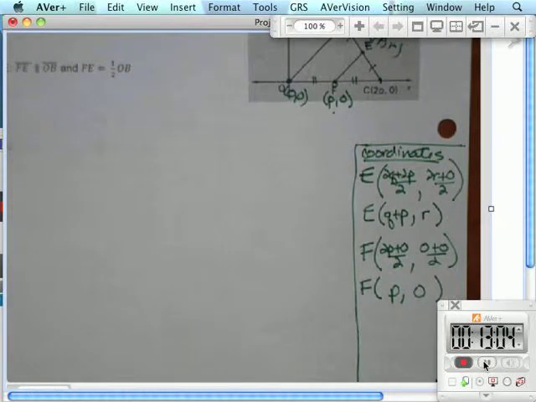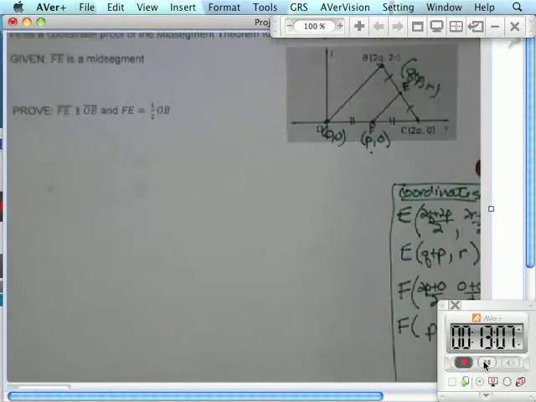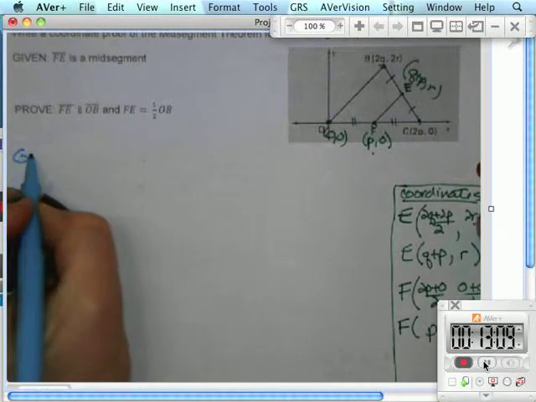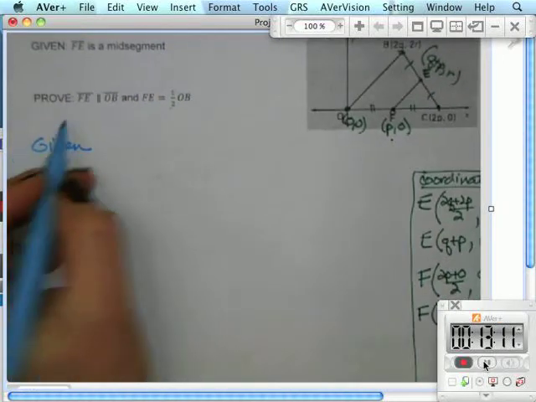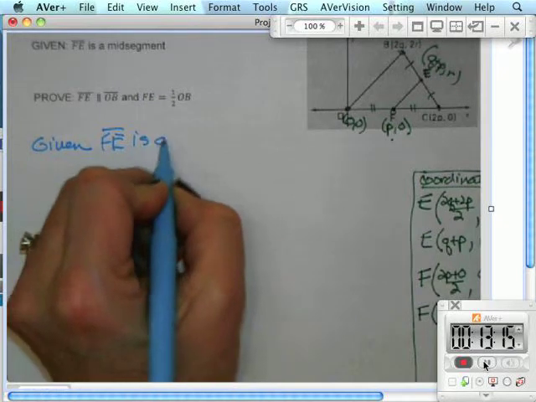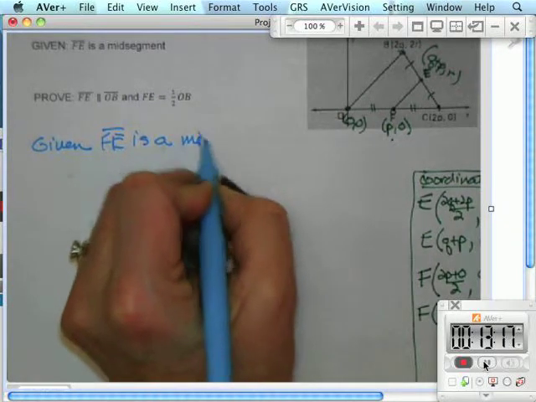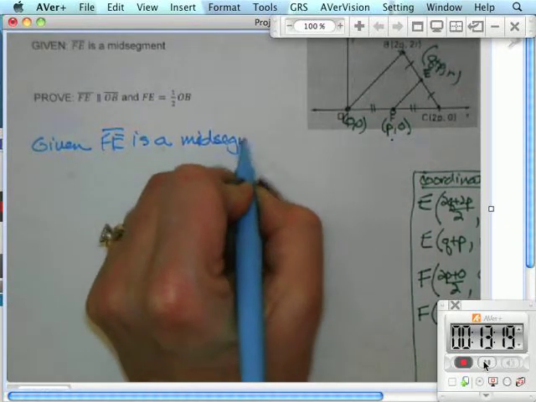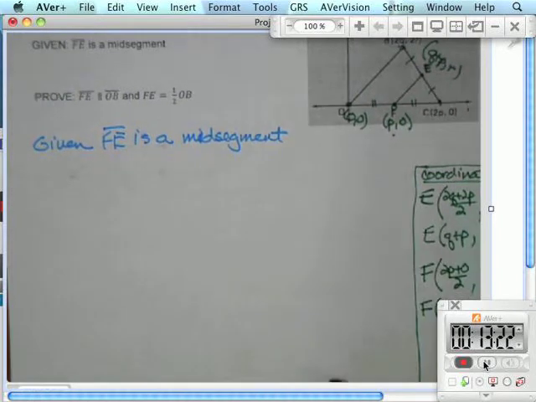Always with the given. And don't write too big. Given that FE is a mid-segment. Okay?